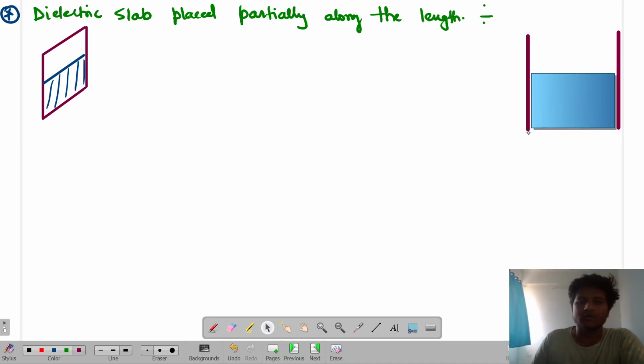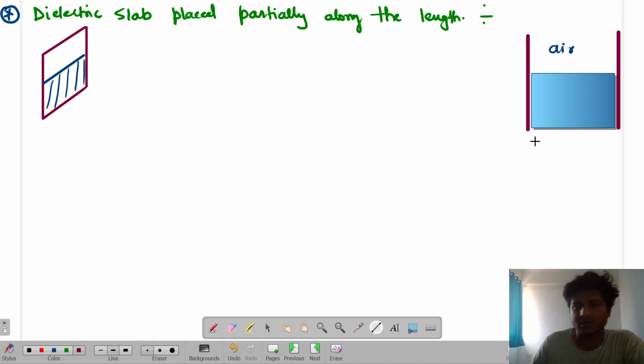Got it or not? So let's suppose I placed it something like this way. Is that clear? And I want to find the net capacitance. So this region is basically air, but this region is filled up with some kind of dielectric.